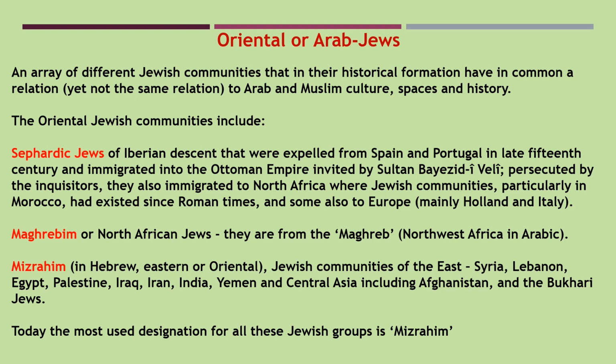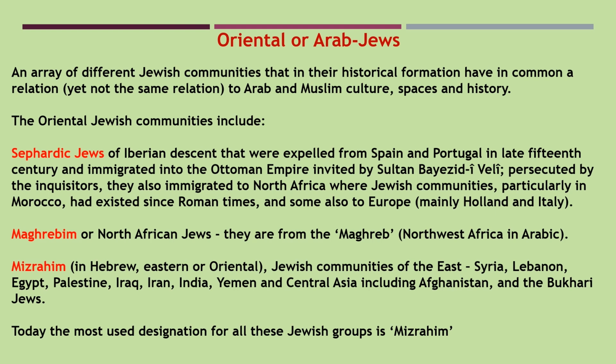Now, Mizrahim in Hebrew means Eastern or Oriental, and here we refer to the Jewish community particularly in the Mashriq and beyond: Syria, Lebanon, Egypt, Palestine, Iraq, Iran, India, Yemen, and Central Asia, including Afghanistan and the Bukhari Jews. So we have the Sephardic Jews, the Maghrebim, and the Mizrahim.